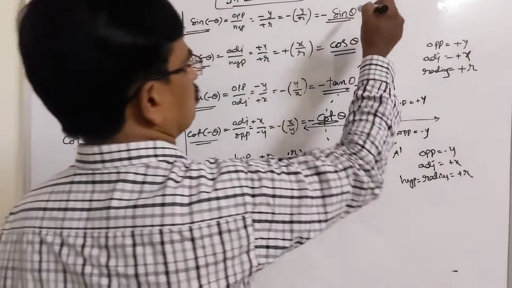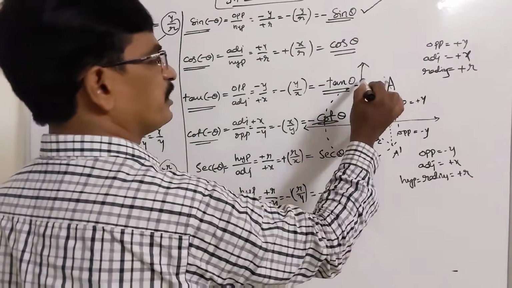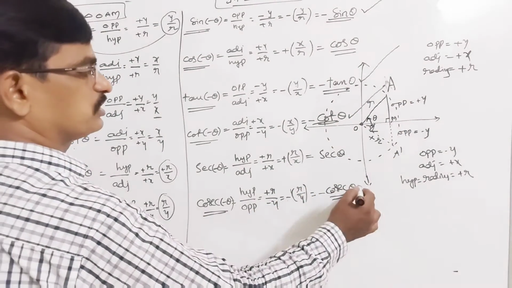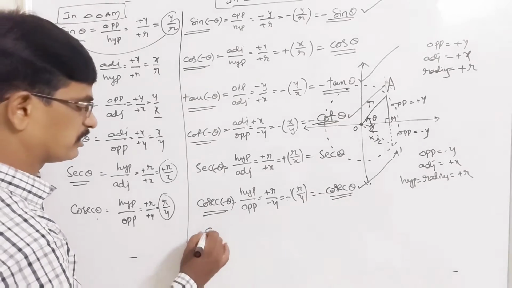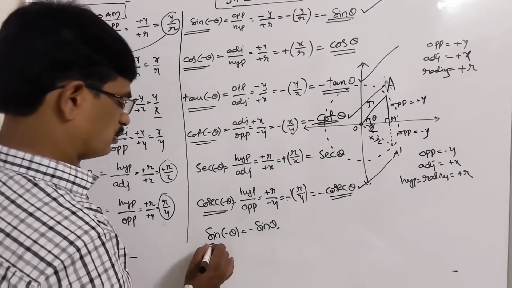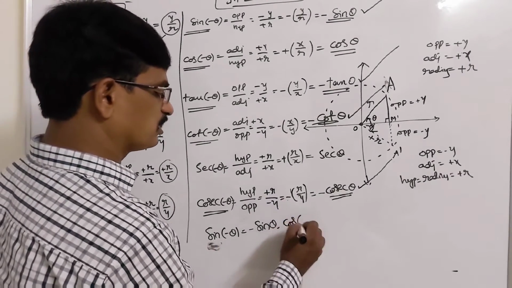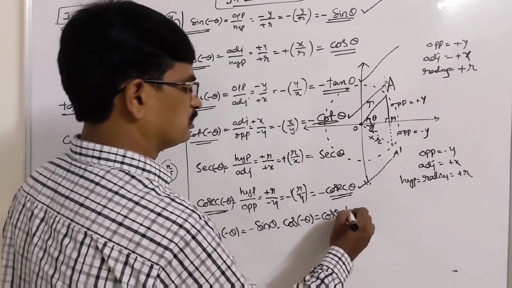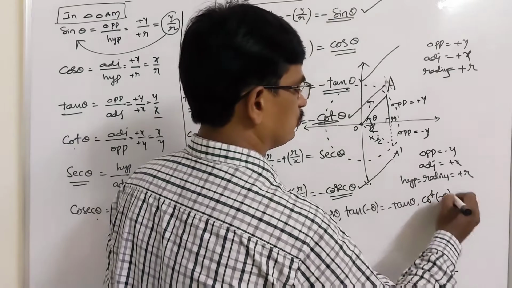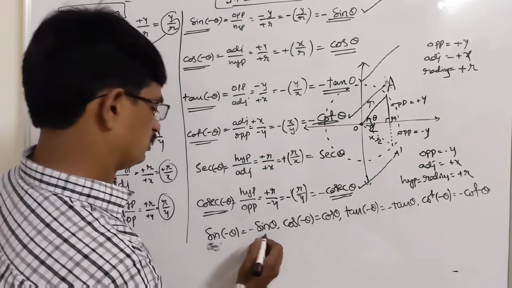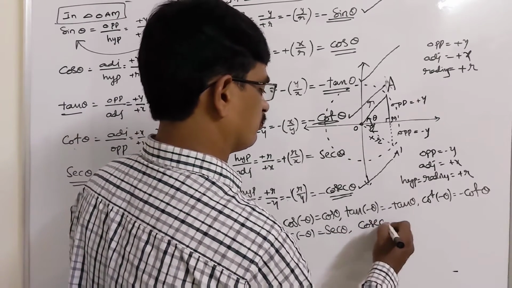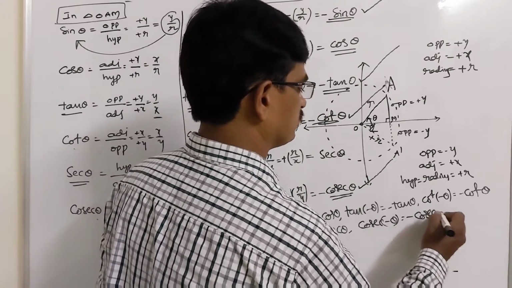So what are the results? Sin of minus theta is minus sin theta, cos of minus theta is equal to plus cos theta, tan of minus theta is equal to minus tan theta, cot of minus theta is equal to minus cot theta, secant of minus theta is equal to secant theta, cosecant of minus theta is equal to minus cosecant theta.